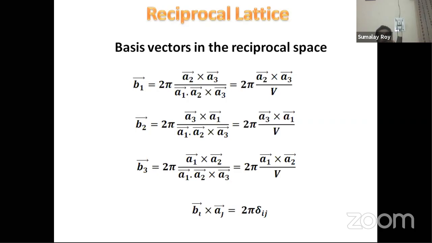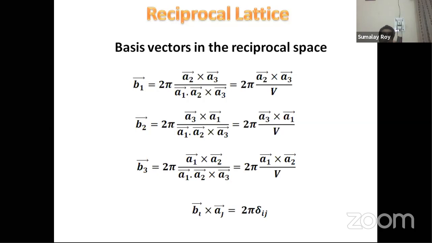So what is this? a1, a2, a3 are the basis vectors in the real lattice, and b1, b2, b3 are the basis vectors in the reciprocal lattice. If we know the basis vectors of a real lattice, a1, a2, a3, we can find the basis vectors of the reciprocal lattice. And they are related, and they have a certain property which is written in the last line of the slide: bi dot aj is 2 pi times delta ij.